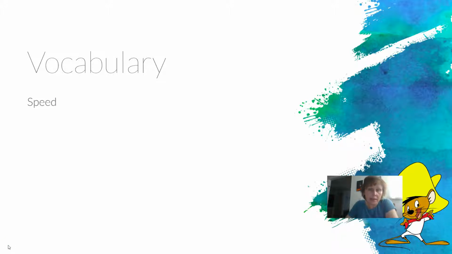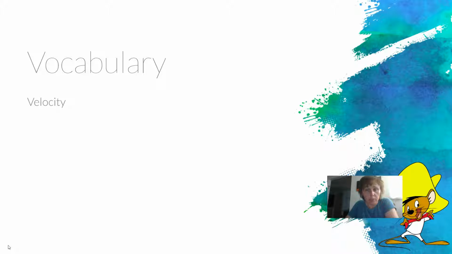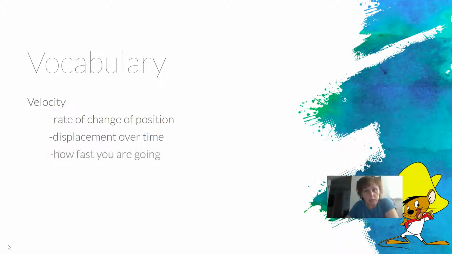Speed is a scalar quantity. It's the rate at which an object covers a distance. It determines how fast you're going, and it's always a positive value. Whereas velocity is a vector quantity. It's the rate of change of position or displacement over time.